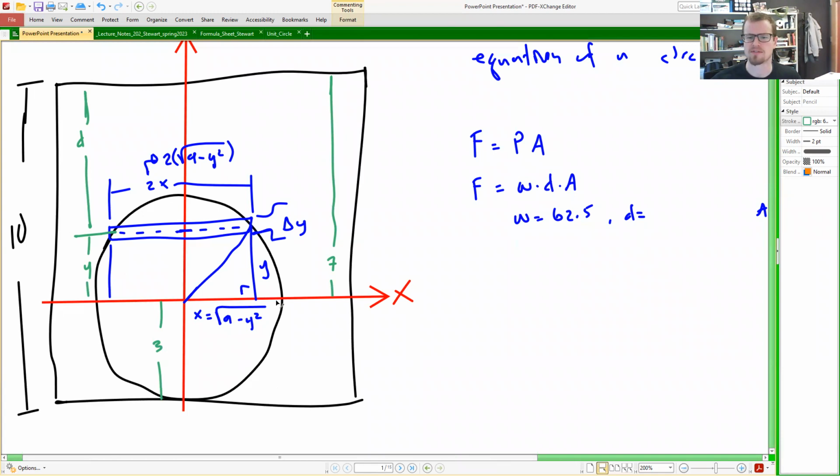So 3 plus 7 gives us our 10, or 10 minus 3 gives us our 7. So if 7 feet describes the center, we can subtract y, right? 7 minus y gives us our depth. So we identify the depth as 7 minus y.